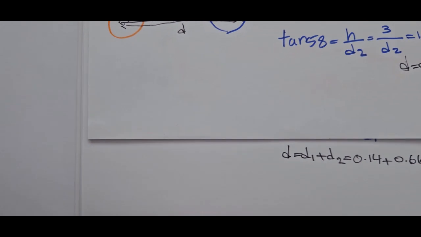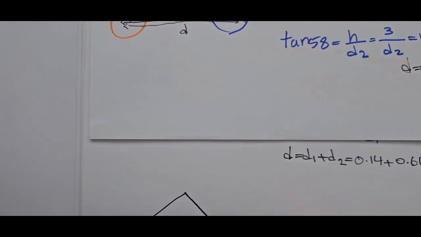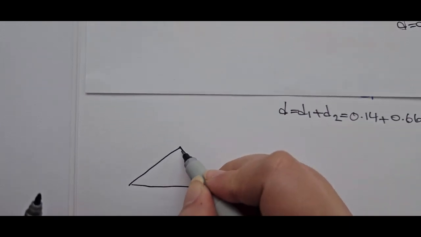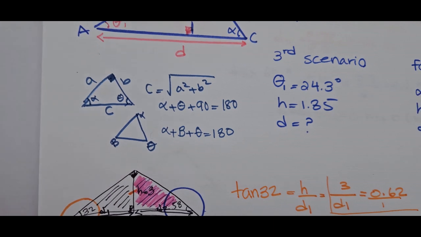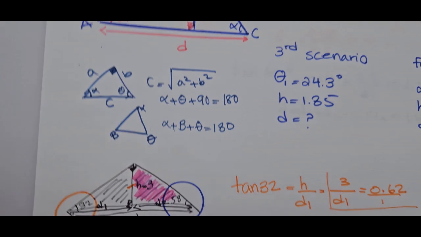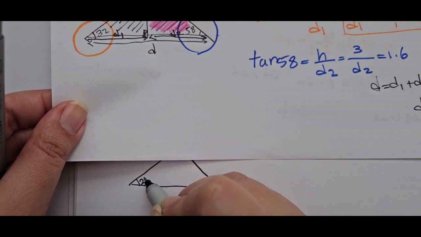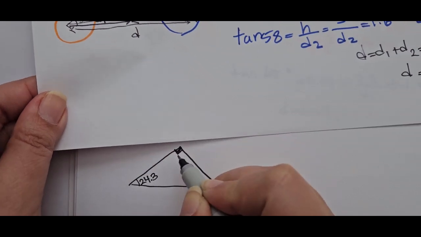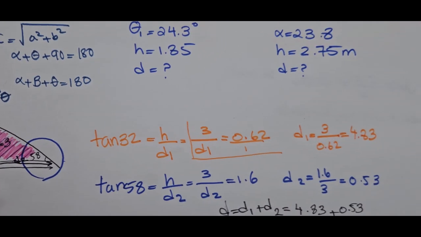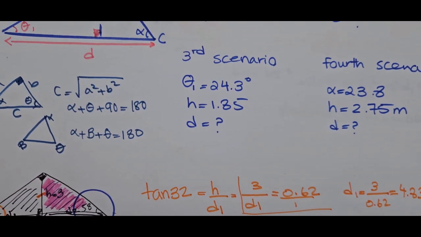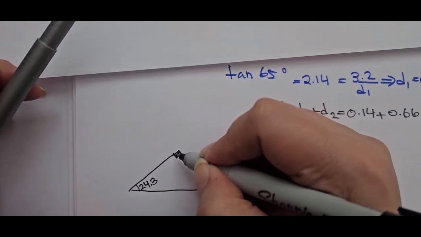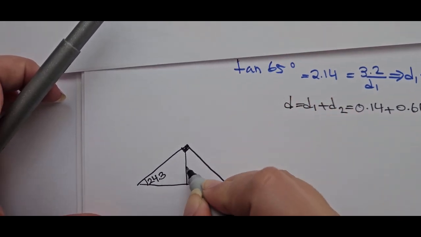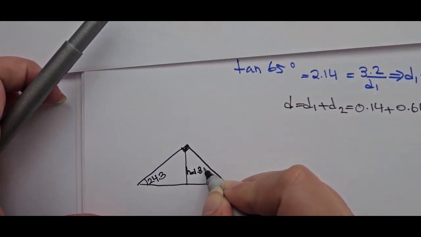So let me draw the triangle and put down all the information here. So I have a right angle triangle again. Okay, so this is 90. And let's take a look at the third scenario. Theta 1 is 24.3, and then this one is 90, and then the h is 1.81.